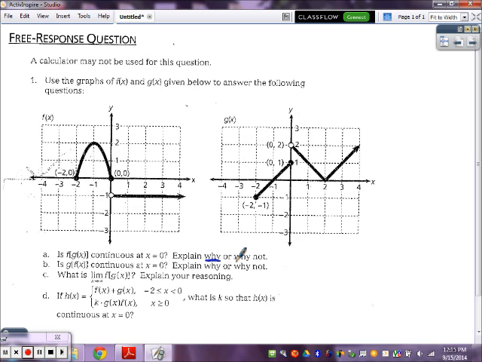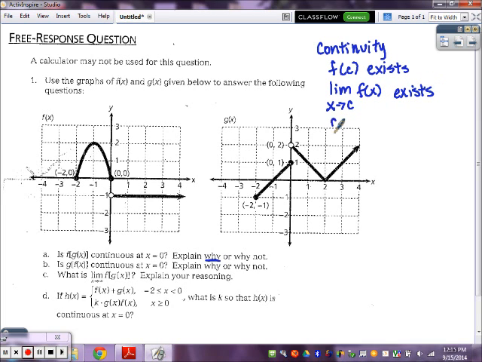And so the requirements for continuity are: the function actually exists, meaning it has a y value at that c value; the limit as x approaches c of the function exists; and the defined value is equal to the limit.